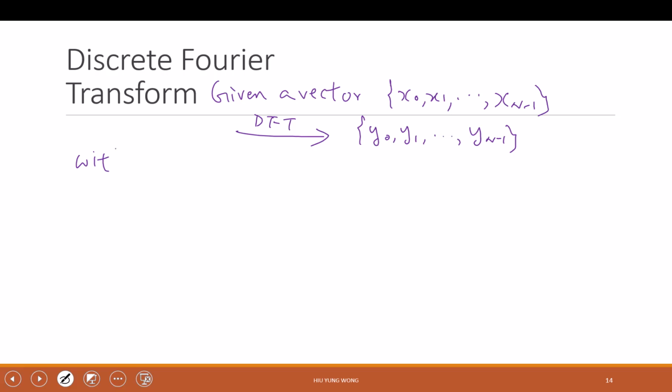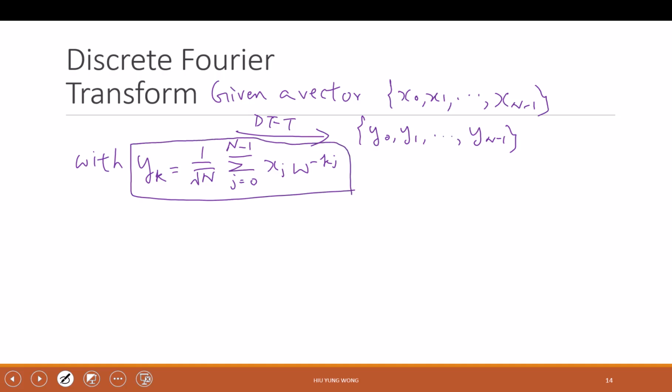I'm going to transform it with this equation: yk, the kth component of the second vector, is equal to 1 over square root n, summation j equal to 0 to capital N minus 1, xj, omega to the power negative kj.